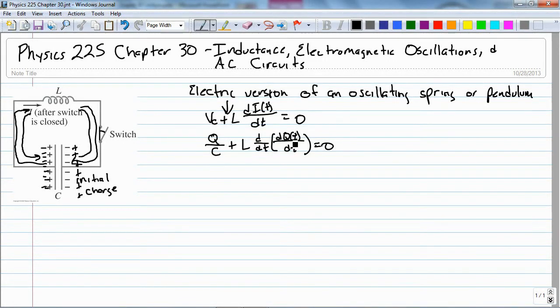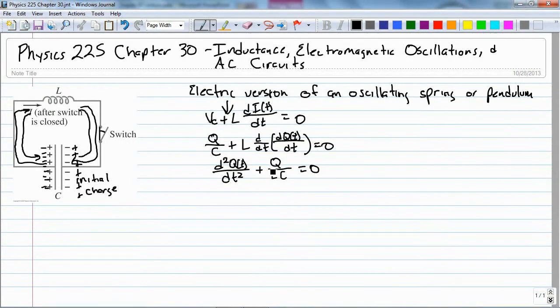The second order derivative of charge with respect to time, d²q/dt², plus q divided by LC is equal to 0.